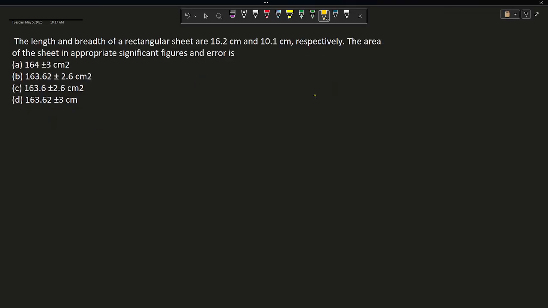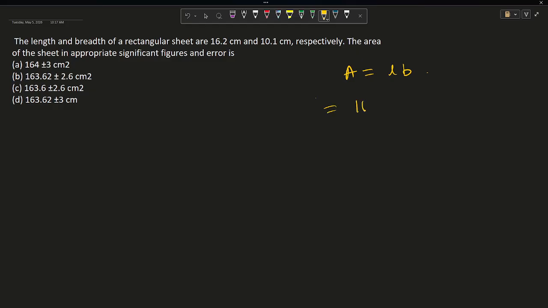Next one, the length and breadth of a rectangular sheet are given. The area of the sheet in appropriate significant figures and error is. So first we should find the value of area. The formula of area is area equals length into breadth.